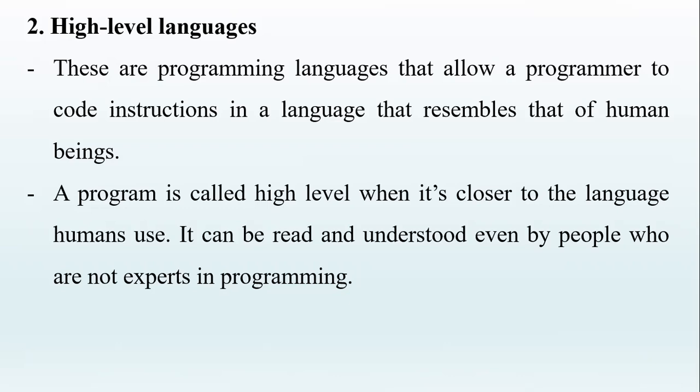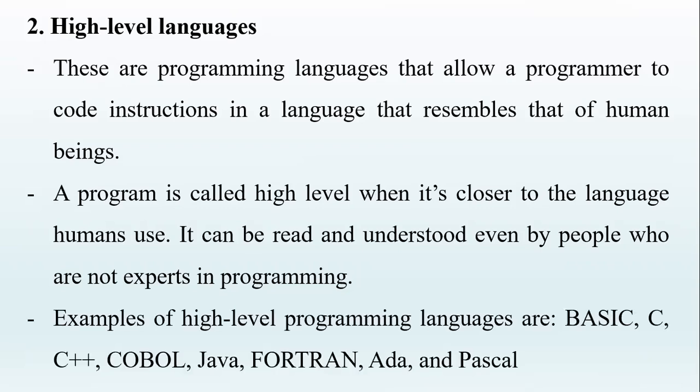It can be read and understood even by people who are not experts in programming. Examples of high-level programming languages include BASIC, C, C++, COBOL, Java, Fortran, Ada, and Pascal.